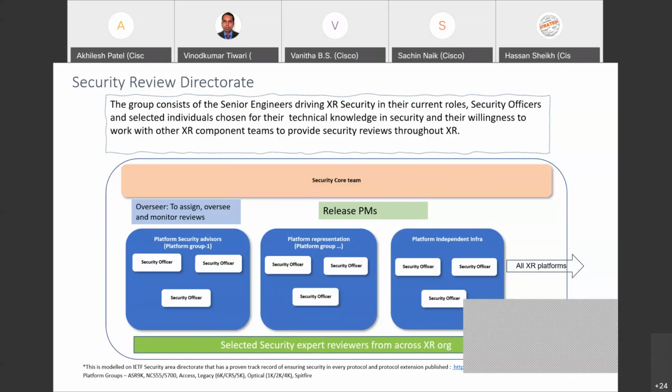They ensure the review is done. They act as more of overlooking the complete security process. Then representation from each PD is important. So each platform will have a security advocate mandatorily who has the expertise required and is also learning to build that expertise. So we have expertise in DNX, 9K, Spitfire, all the platforms, name it, we have the expertise being created and they become security advocates. This is the SRD team.